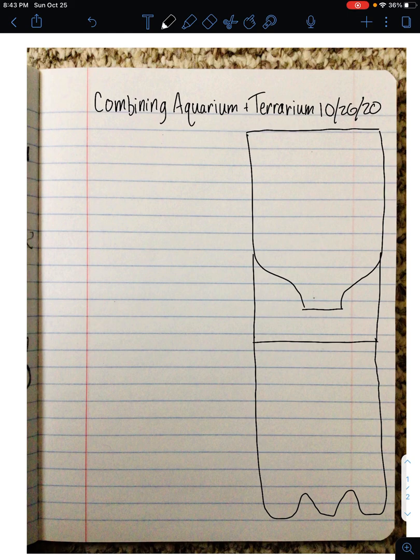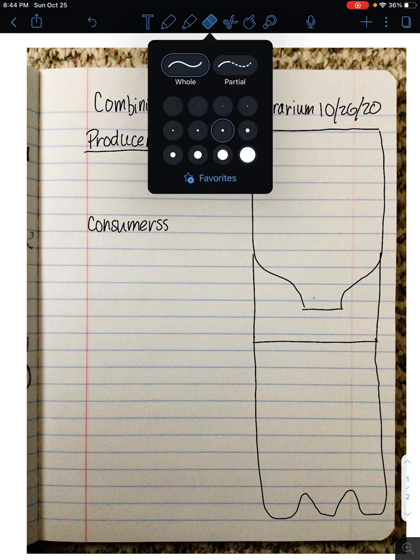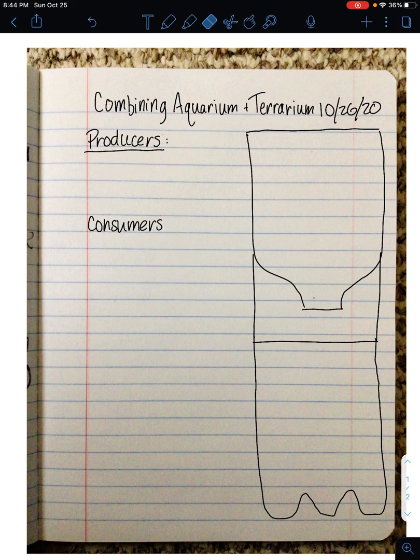The first thing that we are going to do is list examples of producers, consumers, decomposers, and non-living things.